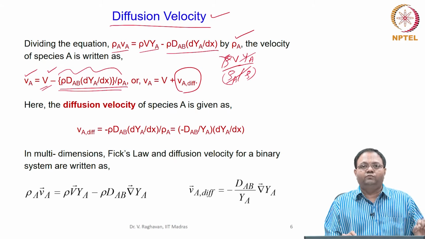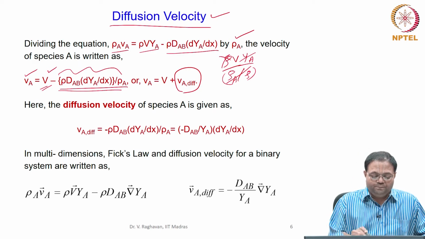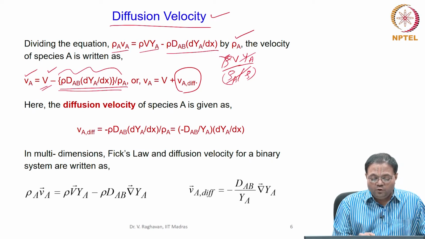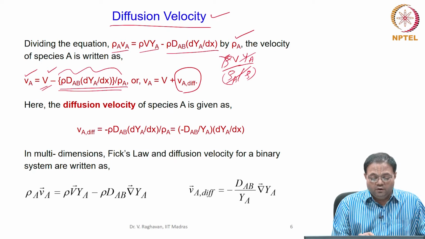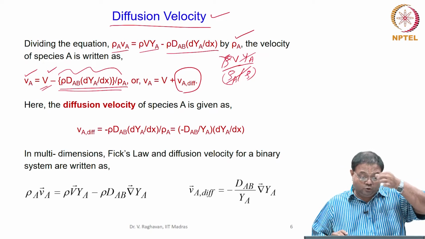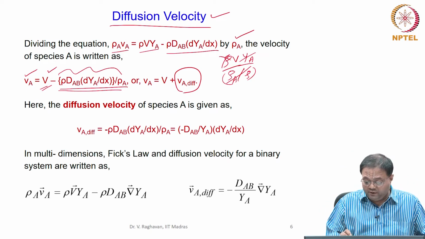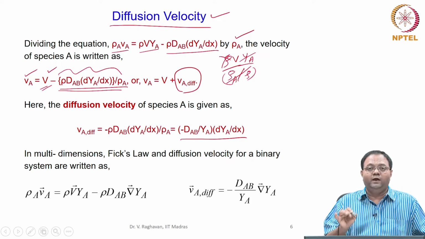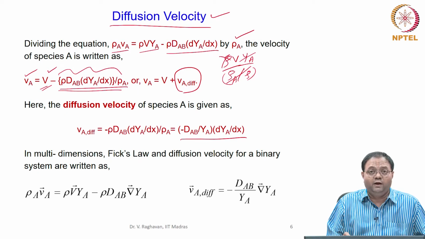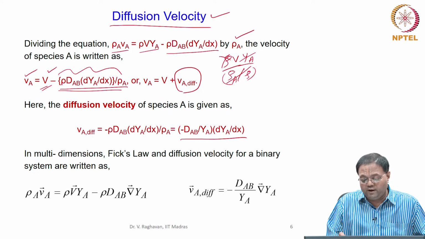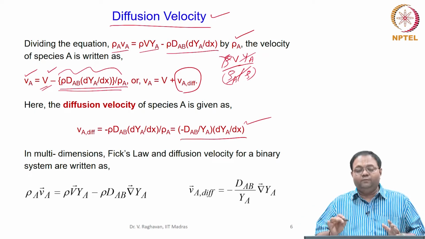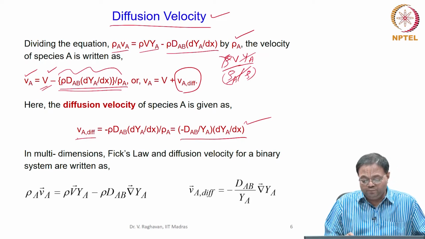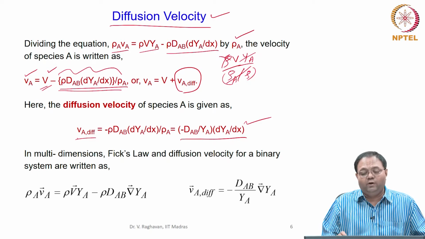It is calculated using the product of rho and D A B and the mass fraction gradient, divided by rho A. Now rho by rho A can be written as 1 by Y A. So the diffusion velocity of species A in the x direction, which is a one dimensional case, is minus D A B by Y A times dY A by dx.